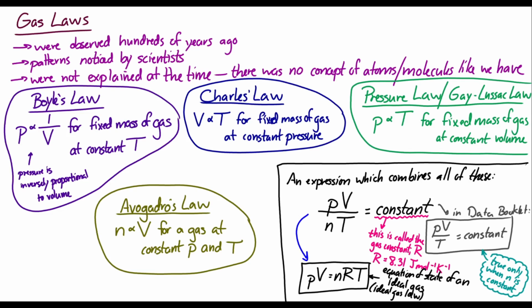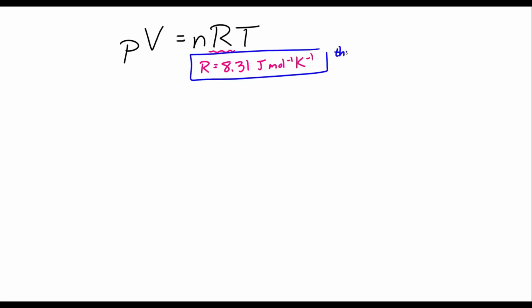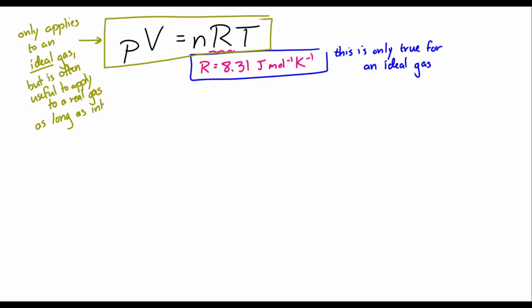Now I want to point out that R constant is actually only true for an ideal gas. And this expression here only applies to an ideal gas, but it's a pretty darn good approximation for a real gas in many situations, as long as the intermolecular forces are negligible.